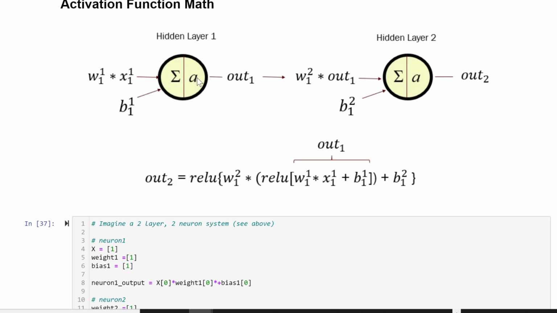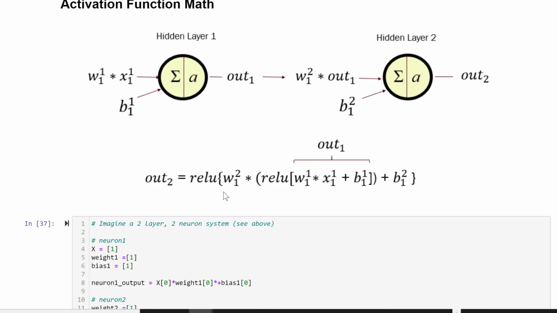We're basically taking a rectified linear unit of W1 times X1 plus B1. That's out 1. And then the ReLU is applied to this function, actually applied to B2 as well, right? So we've put out 1 here plus the new bias, and then we're multiplying all of that by the activation function, which gives us kind of an accounting problem to take care of.